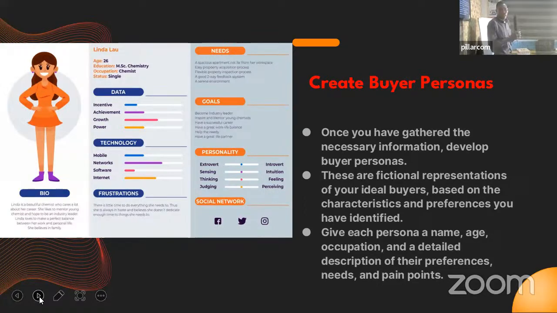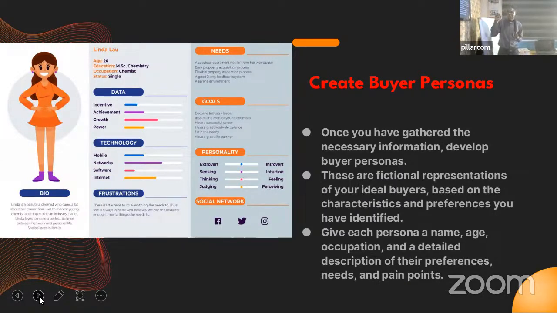The same thing when we are creating our buyer persona: we create an image of those that are likely to purchase what we are selling. That is what a buyer persona is about. Once you have gathered the necessary information from all the ones we've been saying before, you develop a buyer persona.